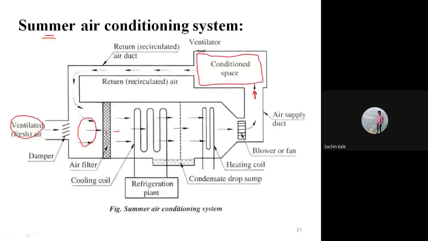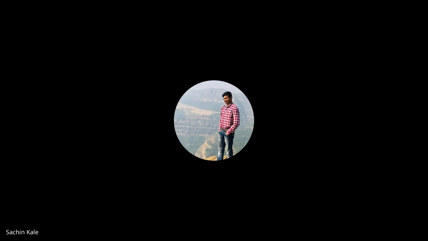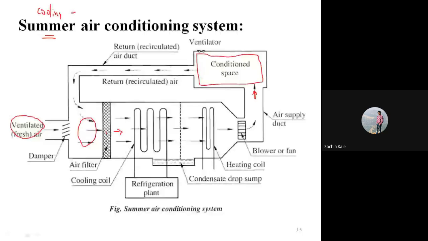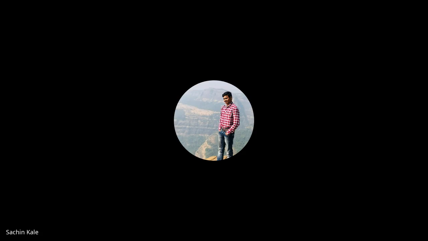because here our main motto is to do the cooling and dehumidification. Here whatever cooling coils are there will be maintained much below the required dry bulb temperature of the conditioned space.